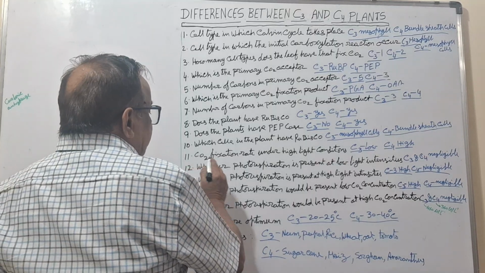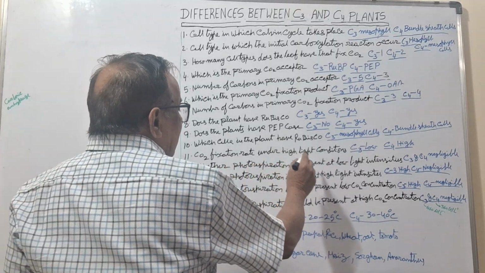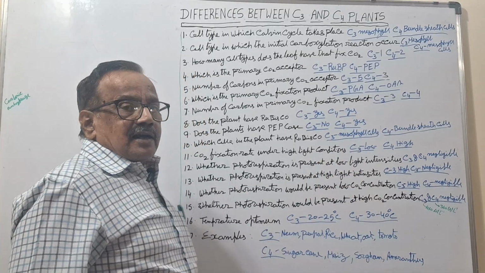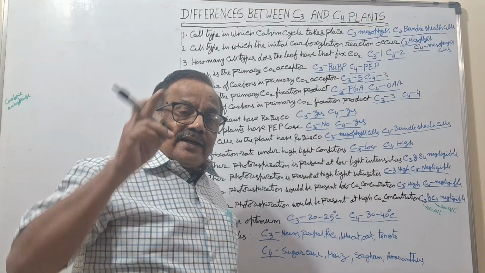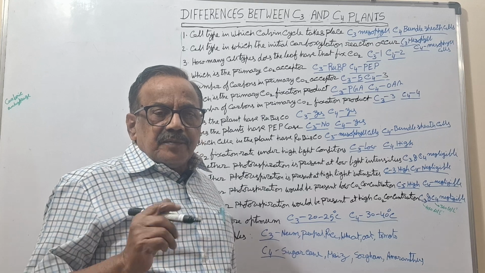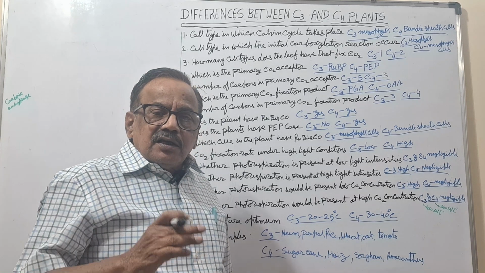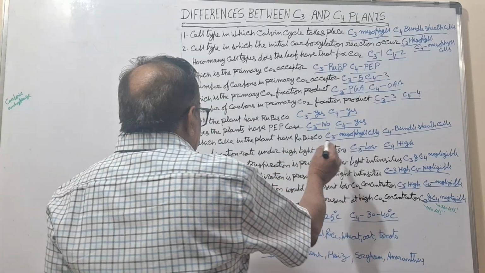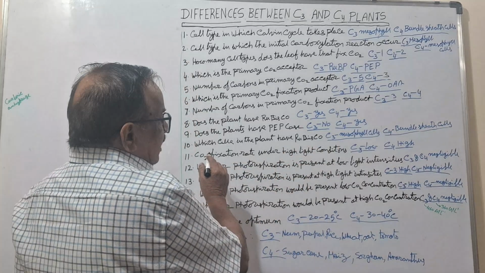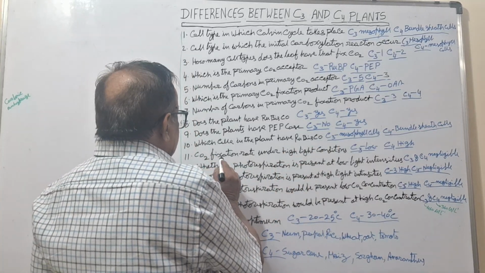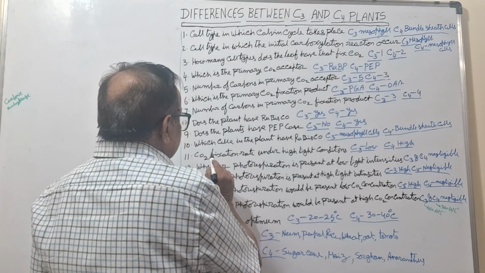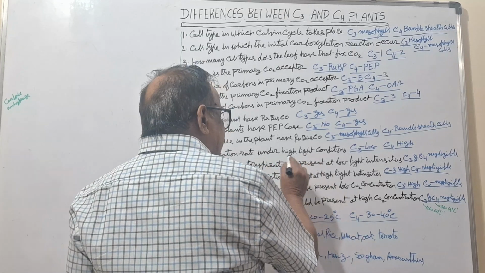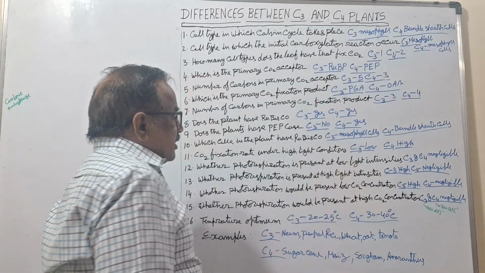Now the carbon dioxide fixation rate under high light condition. High light condition will be followed by high temperature. Because of that high temperature, C4 plants were formed in evolution. So the carbon dioxide fixation rate under high light, which means high temperature also, will be low in C3 plants.